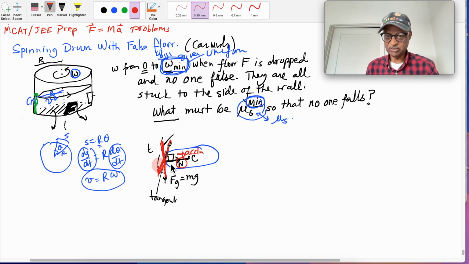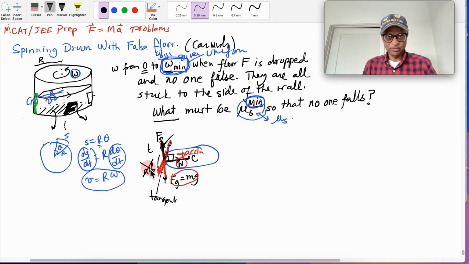As acceleration is being caused by the normal, then if there's nothing to balance this force, the person will fall. So that's the logic for why the friction has to be that way. If the friction was not there, there would be acceleration that way too, but there's no acceleration there.